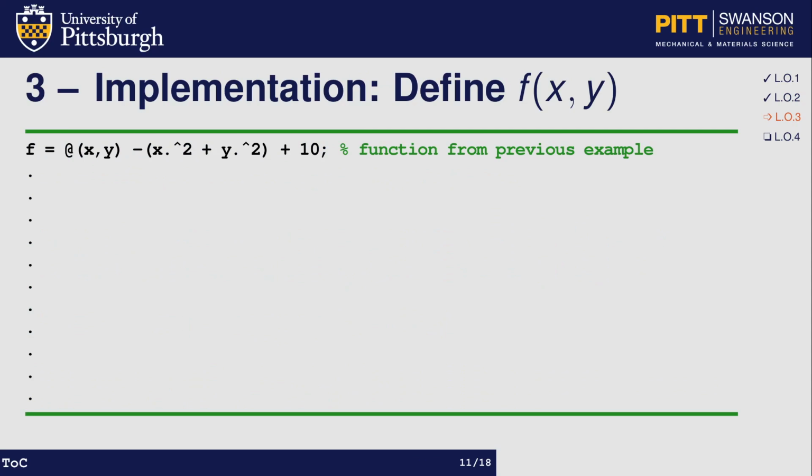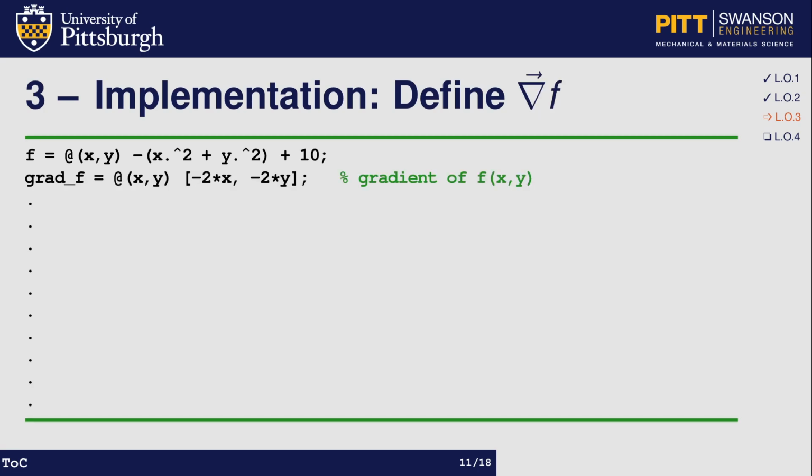We can start with the implementation, defining the function f of x and y. Note that this is not a necessary step, but it is necessary if we want to graph the function surface itself, which for educational purposes might be useful. Then we can define the gradient of f of x and y. Here, this is an anonymous function.